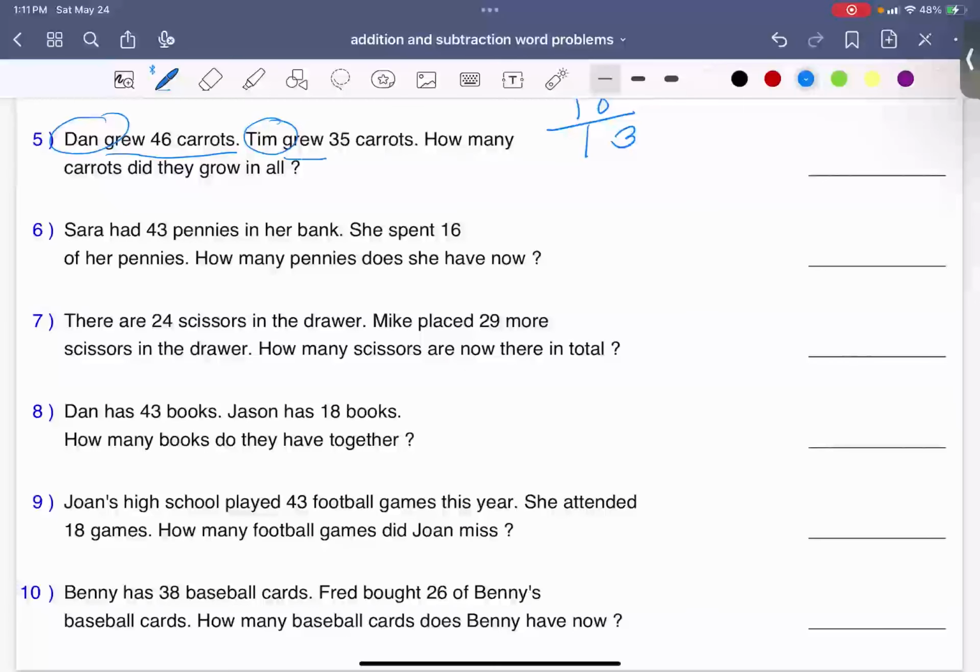Tim grew 35 carrots. So he has them still. So now they want to know how many carrots did they grow in all? So in all tells us to add. So 46 plus 35 is equal to 81.